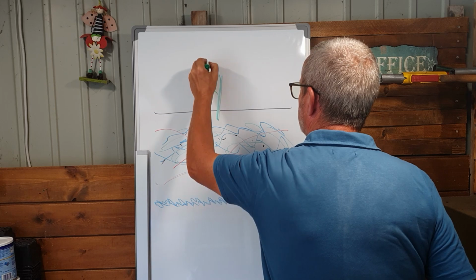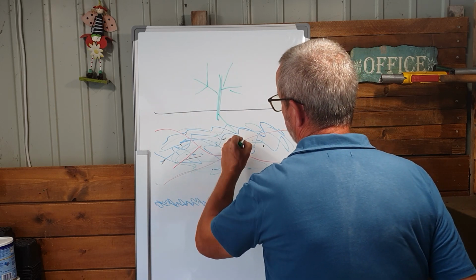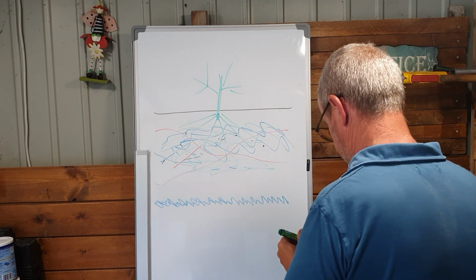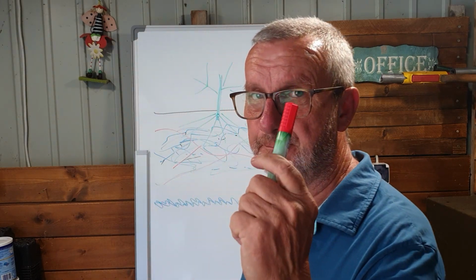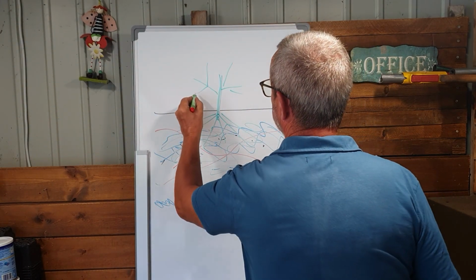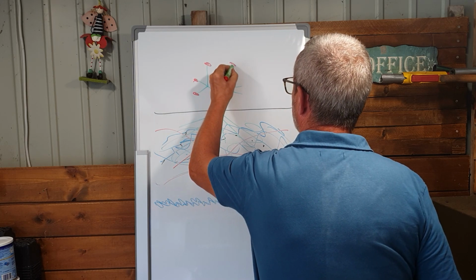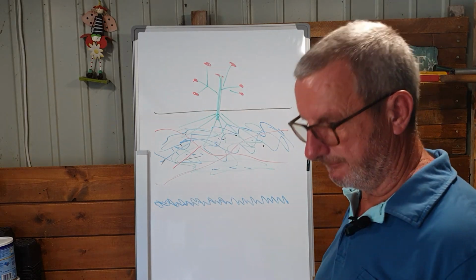Off come its branches, and it's a healthy looking plant because it's got lovely roots tapping into all that life down in that soil. Now I often use tomatoes as an example, and as I've got a red pen, there's some tomatoes. They don't look as good as the ones I've got growing in the garden at the moment, but you get my meaning.